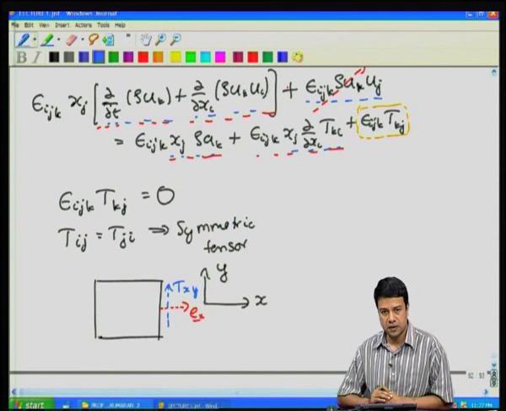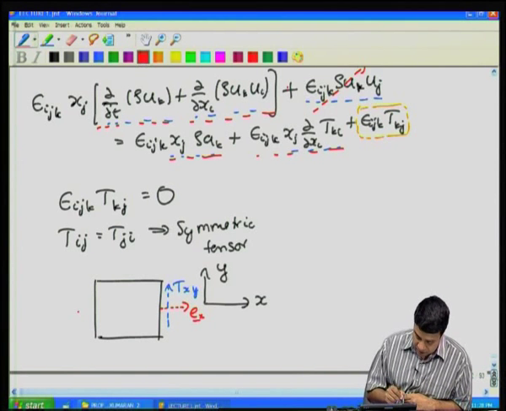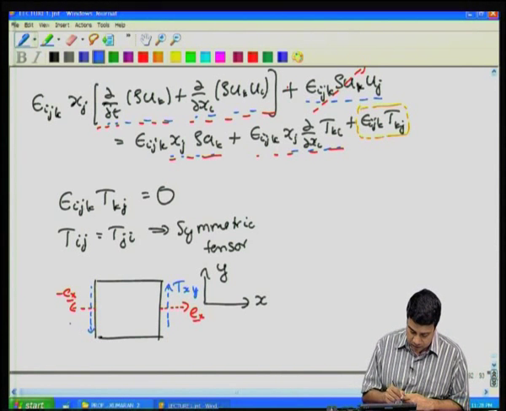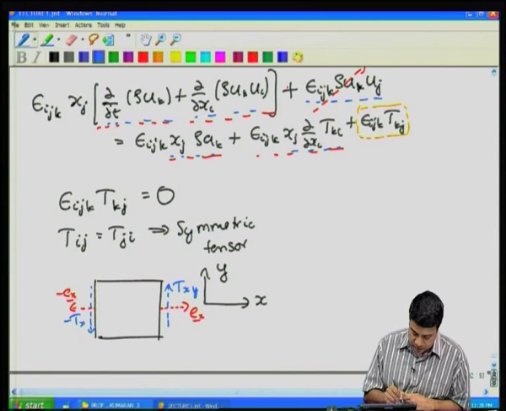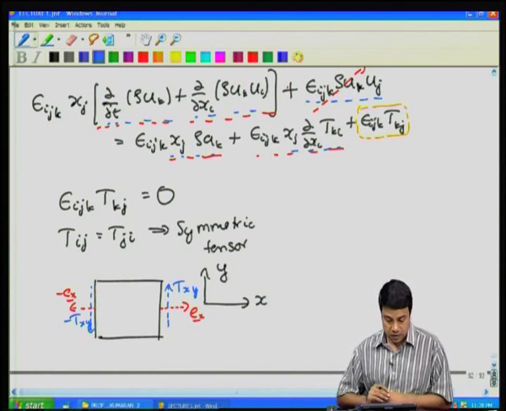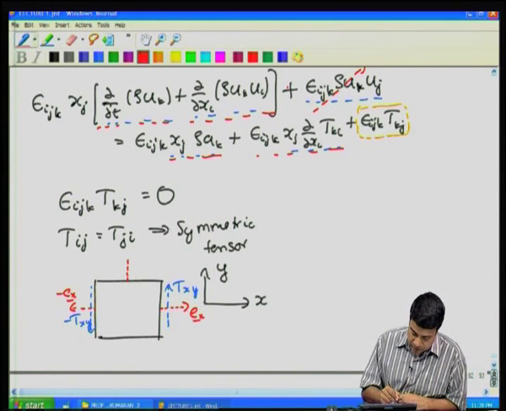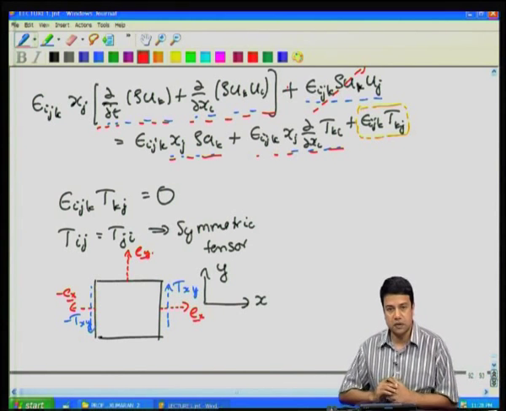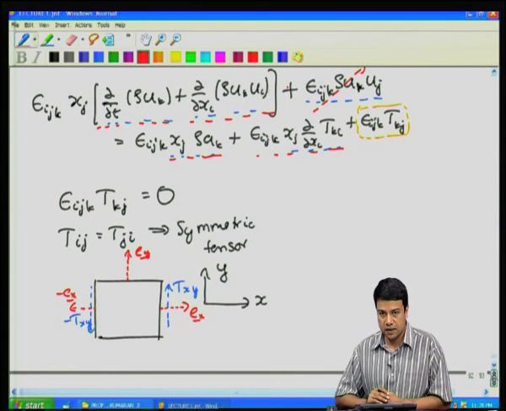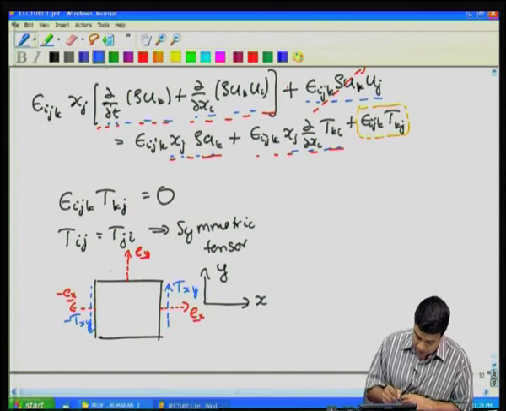On the left hand side, the unit normal is in the minus E x direction. And of course, when you reverse the unit normal, the stress gets reversed, and so this becomes minus T x y. How about the top and bottom? At the top surface, the unit normal is in the plus E y direction. The force per unit area acting at this surface in the x direction is the shear component of the stress.